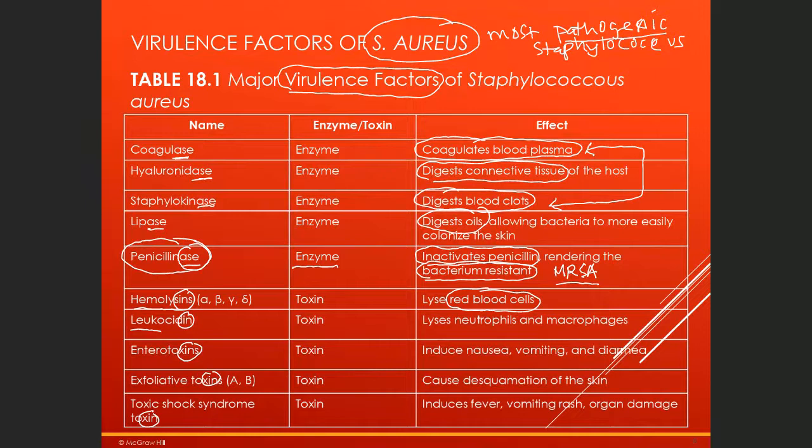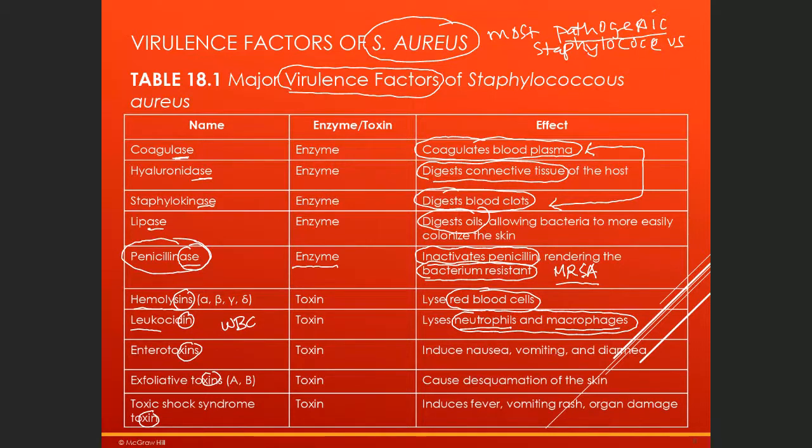Remember, there are five types of white blood cells and two of them fight against bacteria, which are neutrophils and macrophages. So leukocidin will break this type of white blood cell.